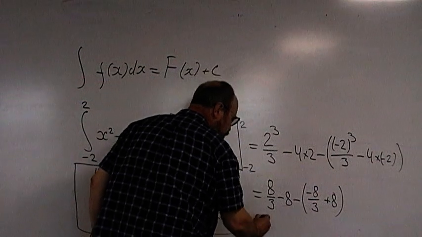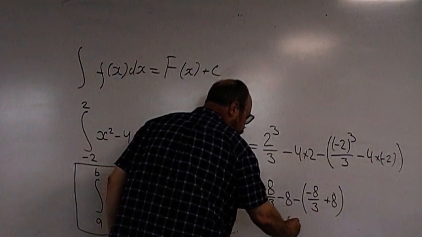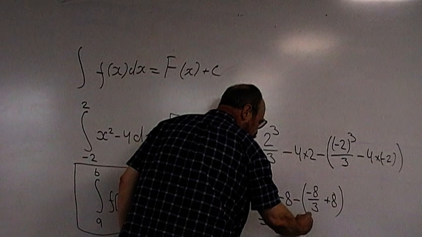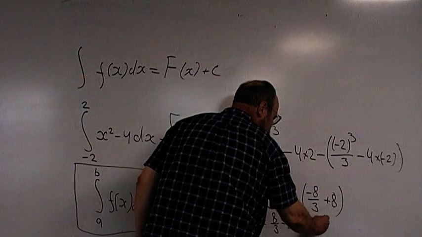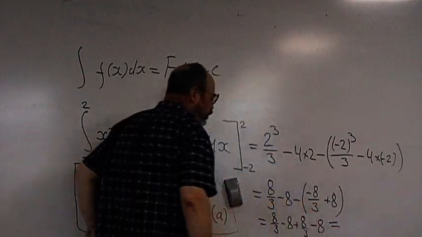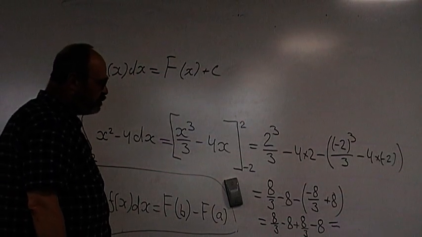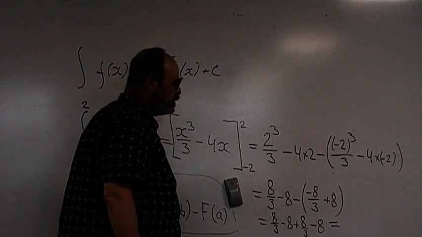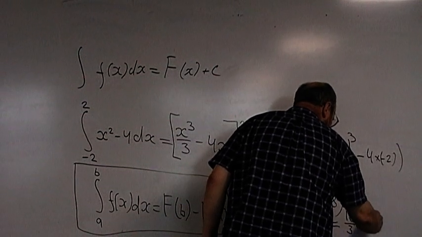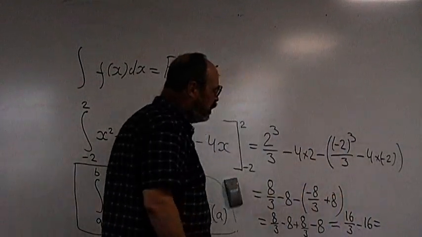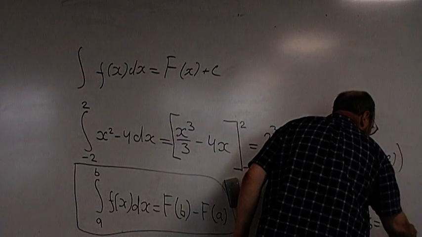Expanding brackets, we get 8 on 3 minus 8 plus 8 on 3 minus 8, which equals 8 on 3 plus 8 on 3, which is 16 on 3 minus 16. 16 on 3 minus 16 will be equal to negative 32 on 3.